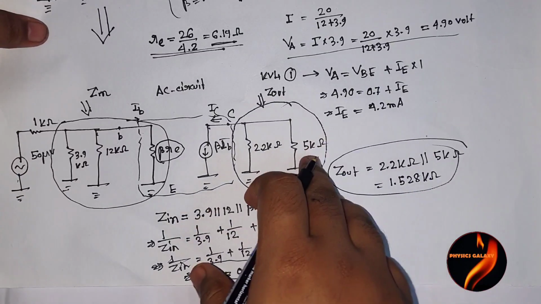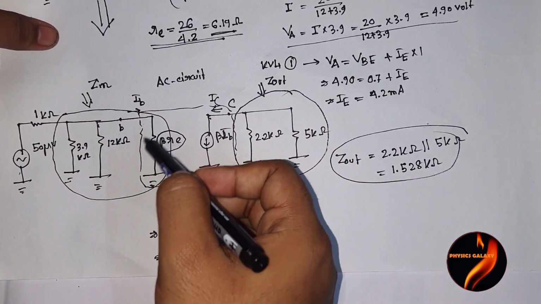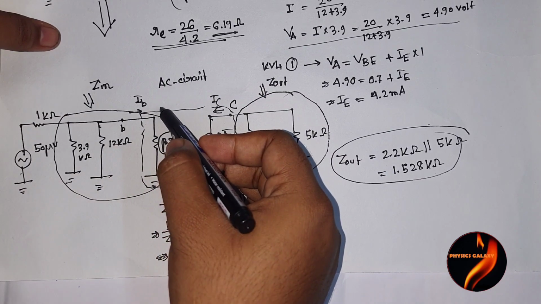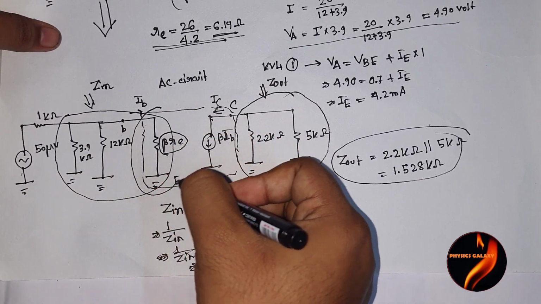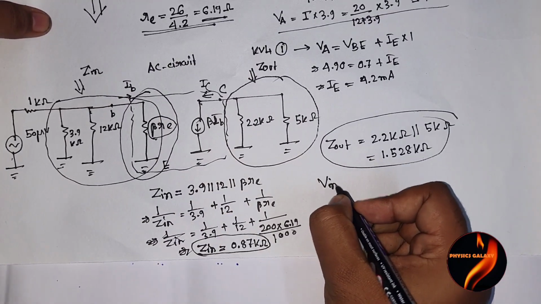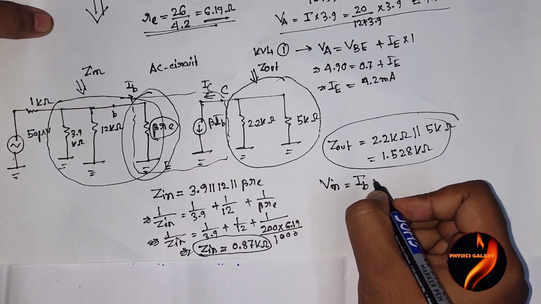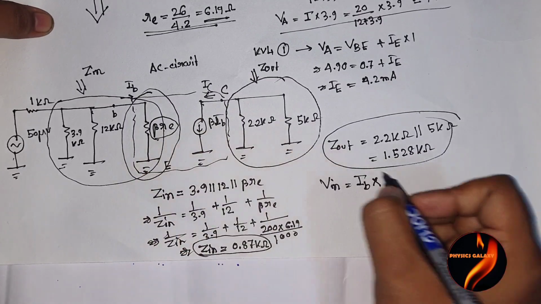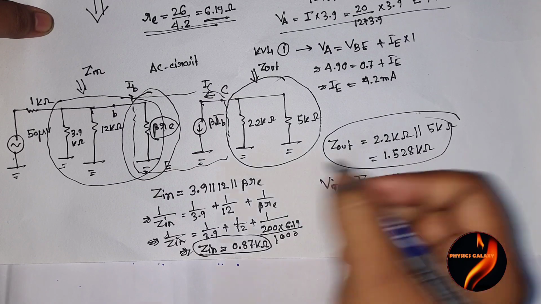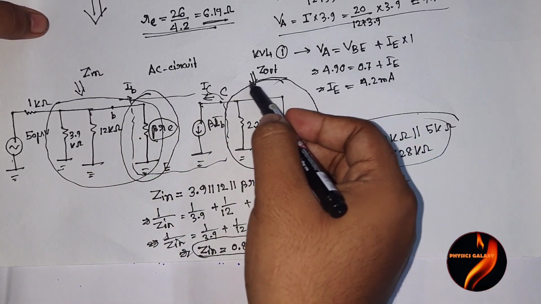Next you have to find the voltage gain for this circuit. The input voltage is IB multiplied by beta RE. Next we find the output voltage.